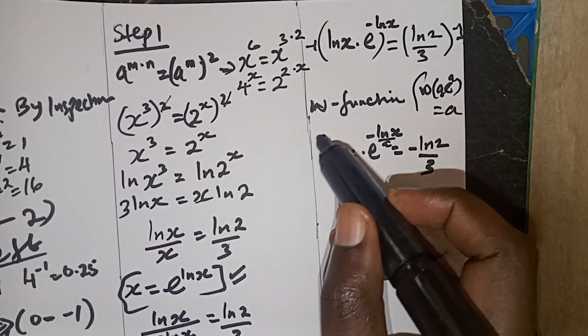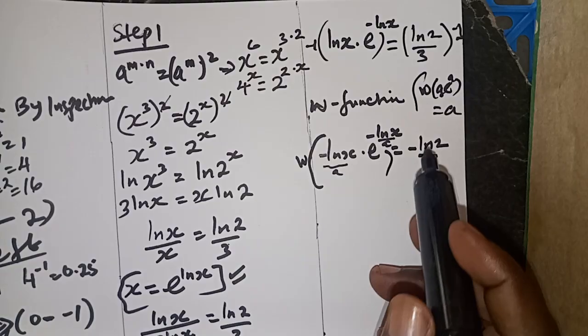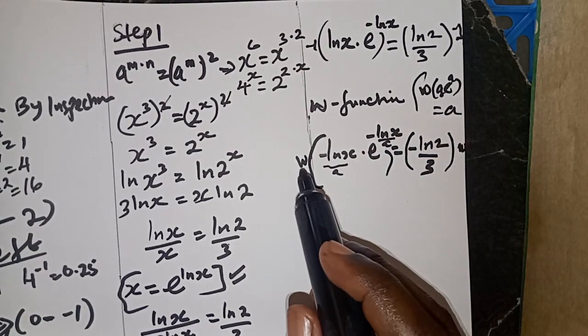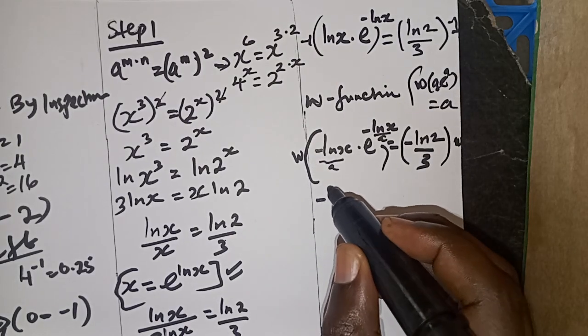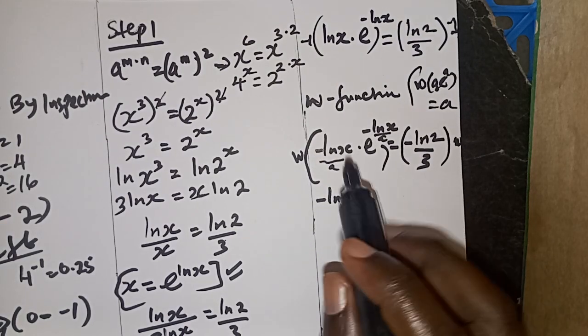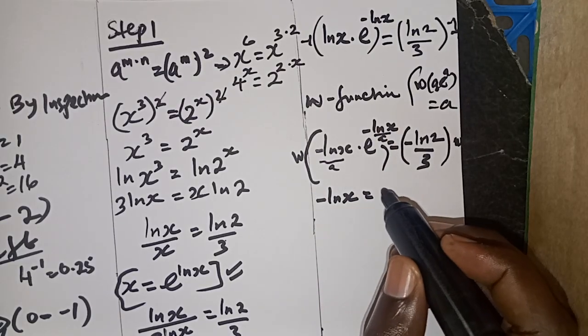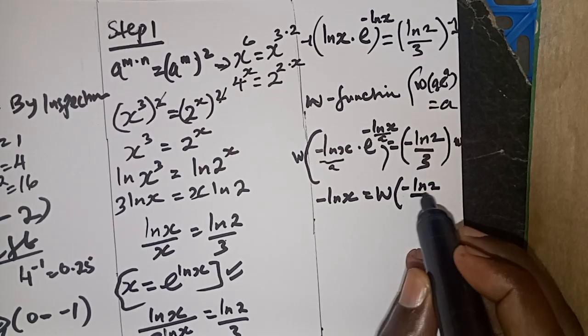So taking the W of the two functions, on my left-hand side I remain with the negative of ln of x, since these are the same, and this equals the W of negative ln of 2 divided by 3.